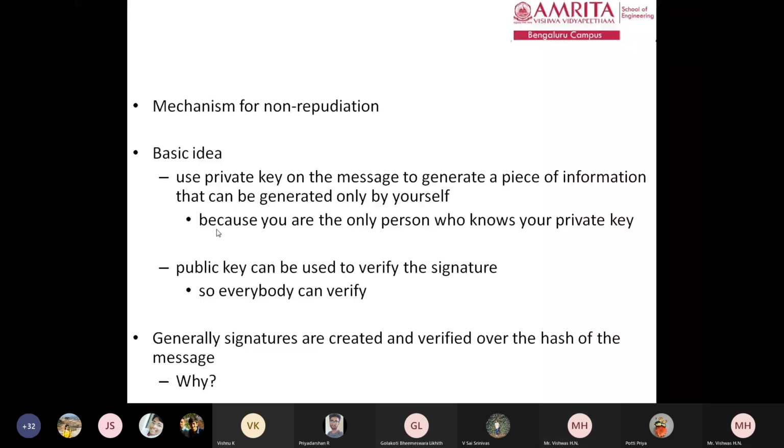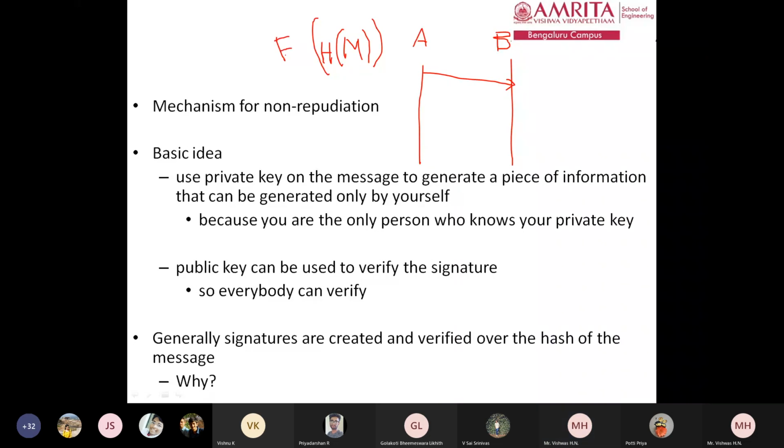I have A and B. I have a message M to send to B. This message is given to a hash function, and you have H of M. You have a hash code of the message, and this hash code is encrypted using the private key.